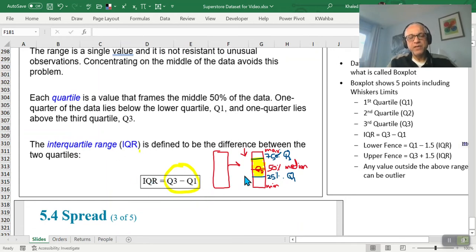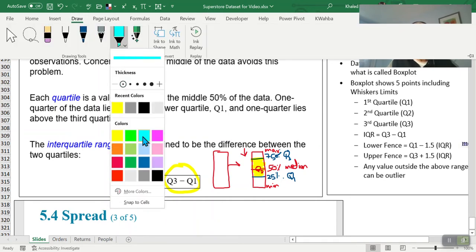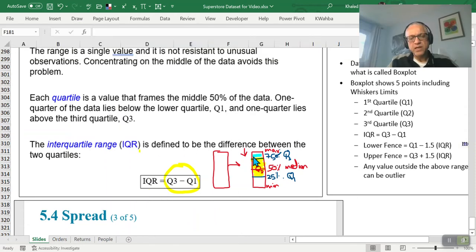Can you imagine that this interquartile range includes 50% of the data? Why is it 50% of the data? Because obviously this part is 25% of the data, and this is another 25% of the data. So this is the 50th percentile, or 50% of the data.